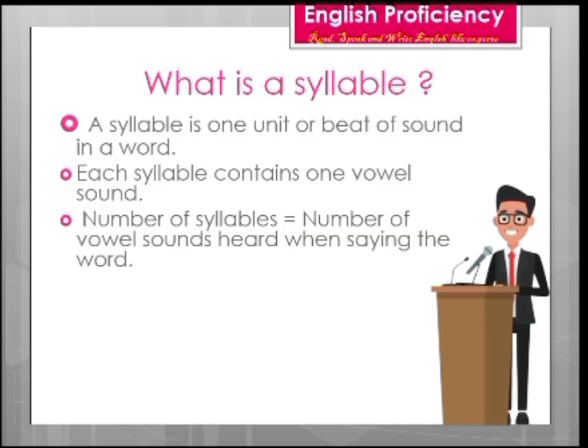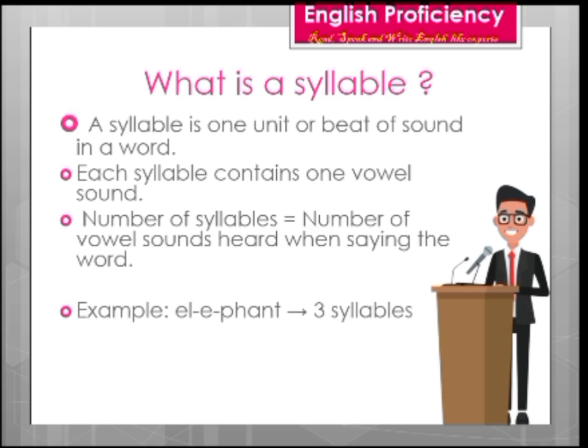So it therefore means that to know the number of syllables in a word, you should be able to count the number of sounds that are present in that word, the number of sounds that you will hear when you pronounce that word. Let's take an example. I want to pronounce this word. The word is elephant. It has 3 syllables.